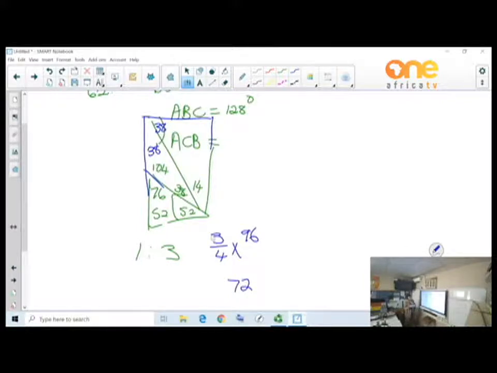Calculate the area of EXD. They have EAD, that's your big one, which is 96, and then EXD is smaller. It's 3/4 of that line, can you see? So of 96, and the answer is then 72. 72. Okay.